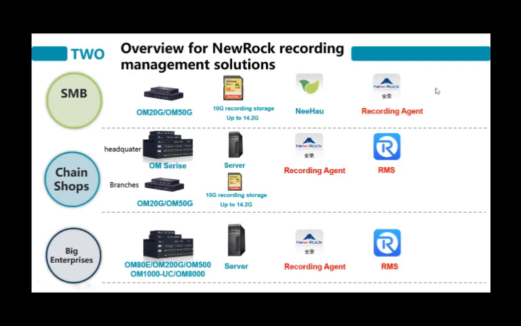For SMB, you can use our Nihao Soft Console and recording agent. For chain shops that require headquarters and branches, we recommend our recording agent and recording management system. Here you can also have the recording server, and of course you can also use the built-in storage from our smaller devices.